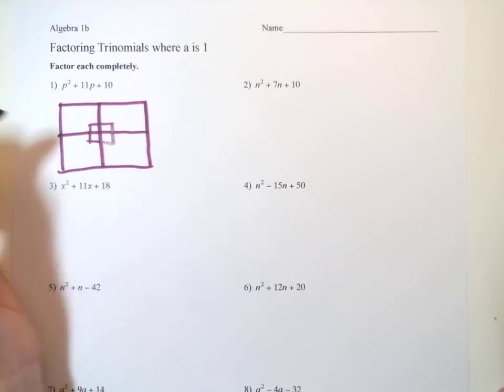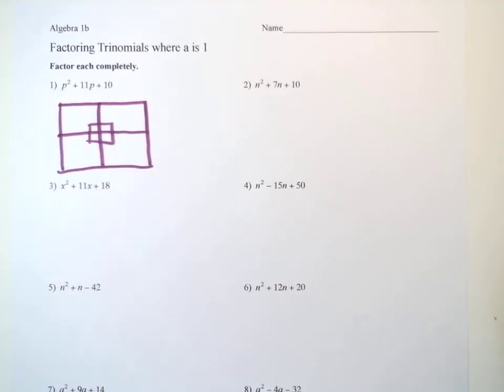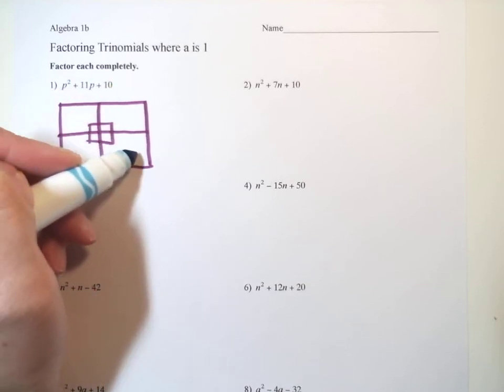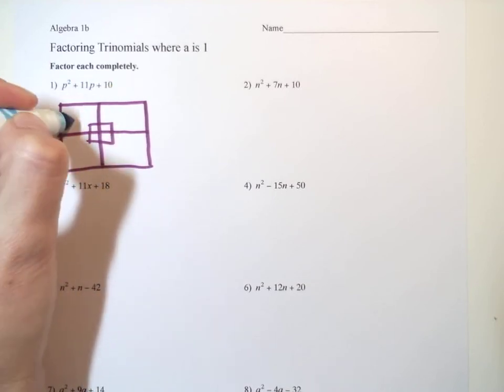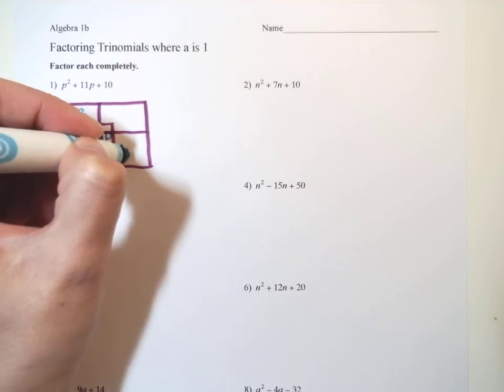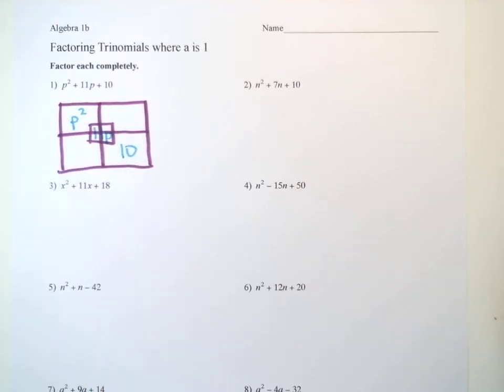And remember, you need a little box inside. Then you're going to label the boxes. So we write them in order from the highest power down diagonal here. So we start with p squared. We put 11p in there and then 10 here.